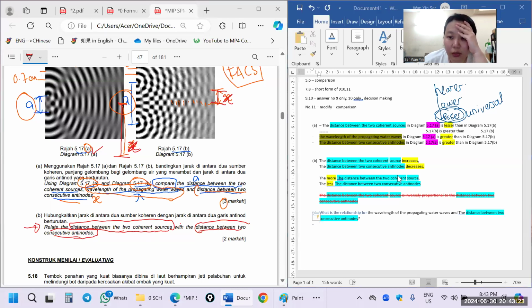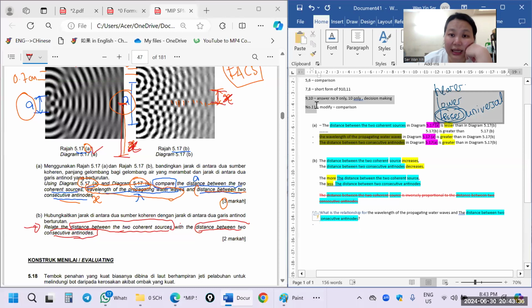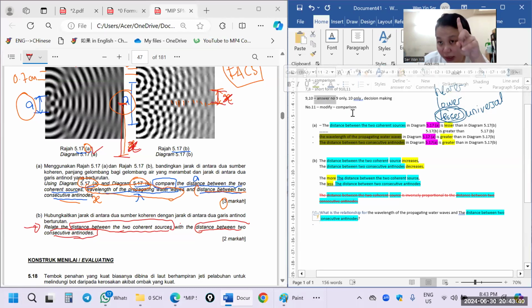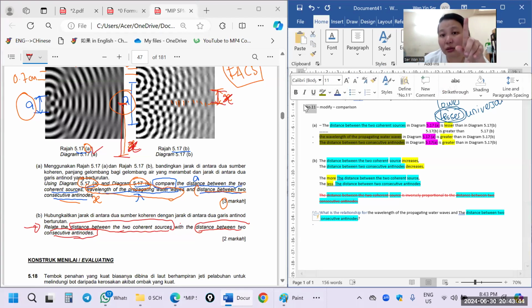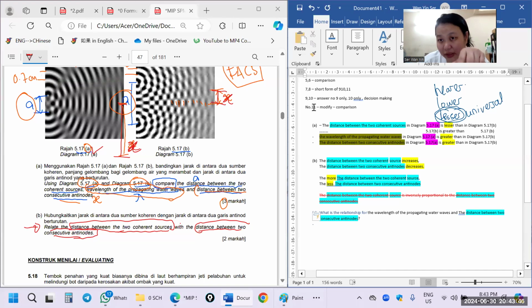Teacher, what's the difference between paper 1 and paper 2? Got essay. This is essay. So number 9, 10, 11. For 9 and 10, just answer one only. 11 must answer. So 9, 10, 11 answer on test paper. Understand?